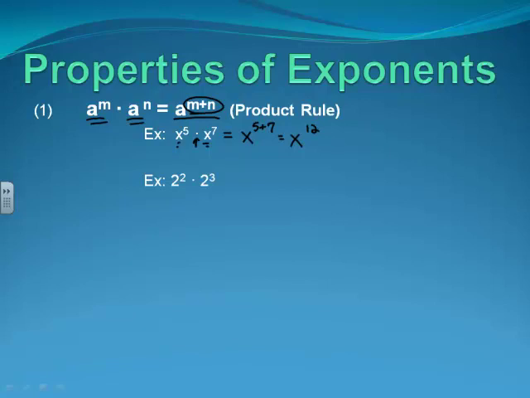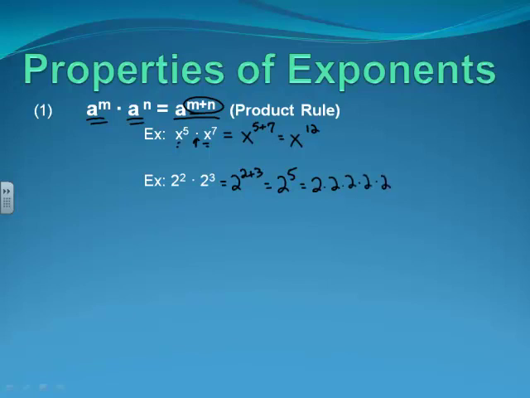2 squared times 2 cubed. Again, that's the same base. In this case, our base is a constant rather than a variable, but the rule works the same. You've got base 2. We're going to add the exponents to combine them. 2 plus 3, of course, is 5. So now we've got 2 to the 5th. Since we have numbers instead of variables, we can go further and get a simplified answer.